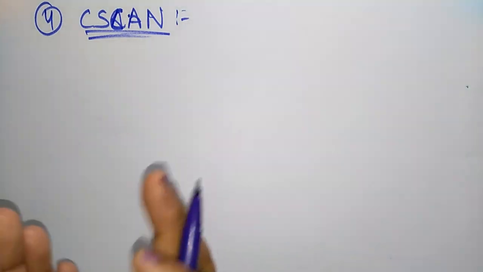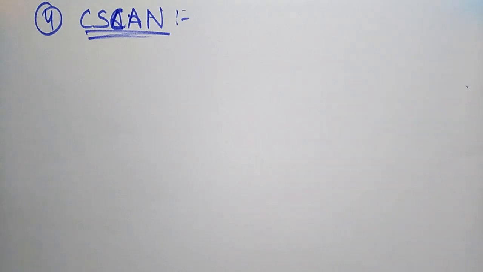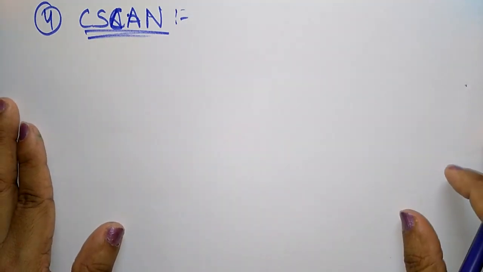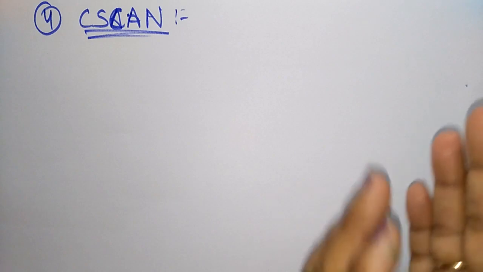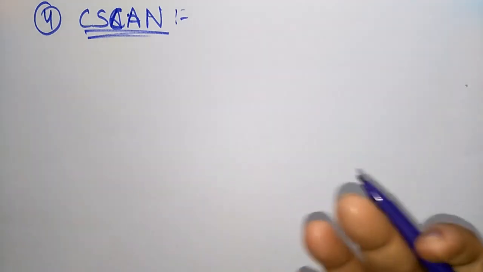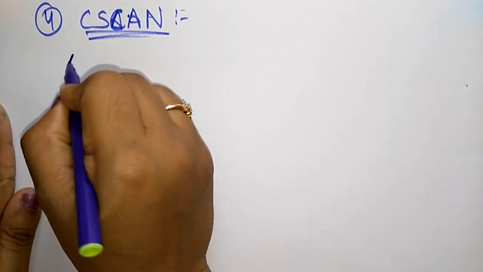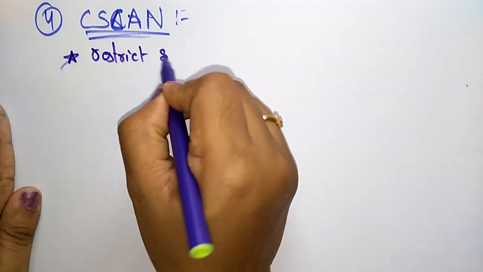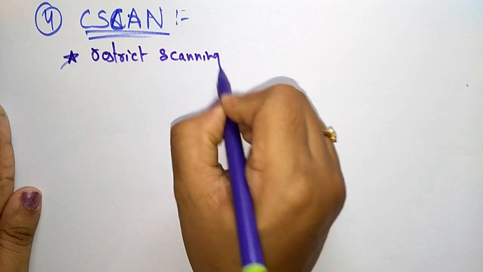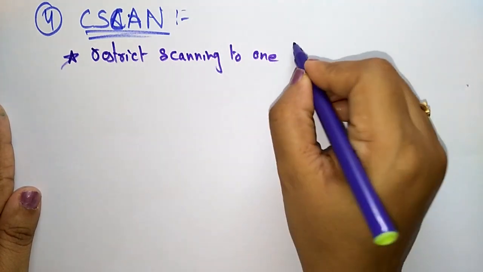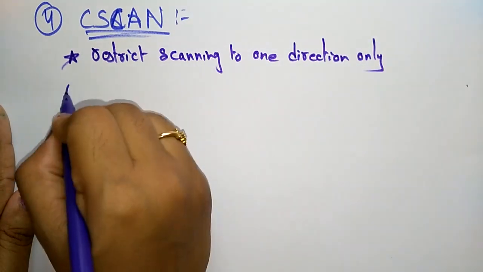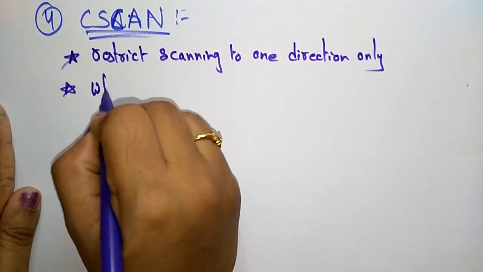C-SCAN is also restricted scanning in one direction only. When the last track has been visited in one direction, the arm is returned to the opposite end of the disk and the scan begins again. So instead of reversing, it just moves to the opposite side.